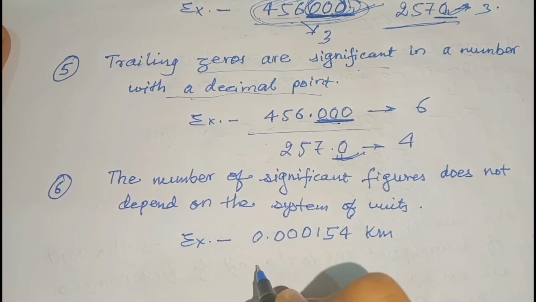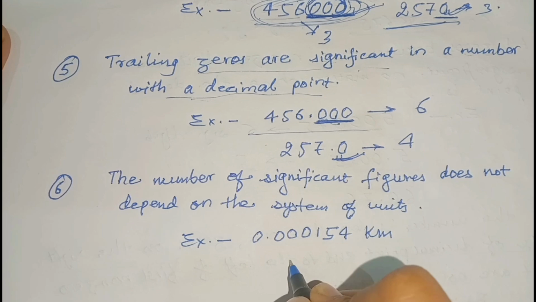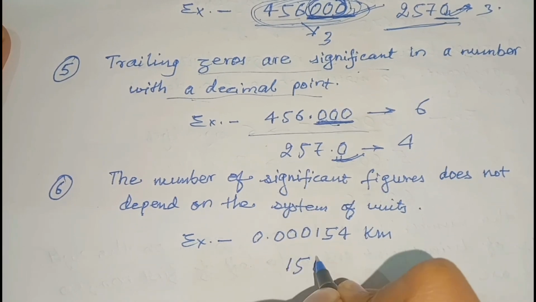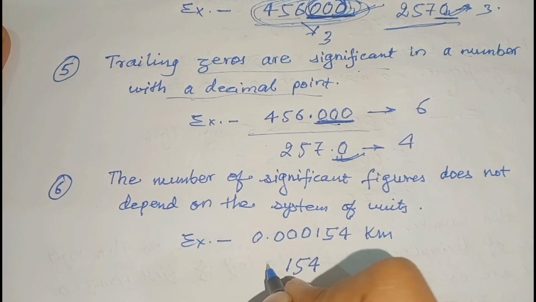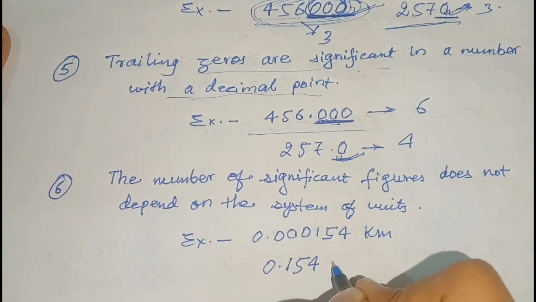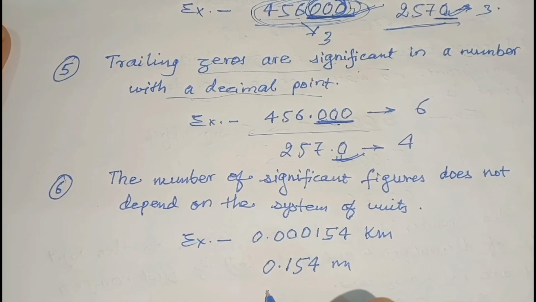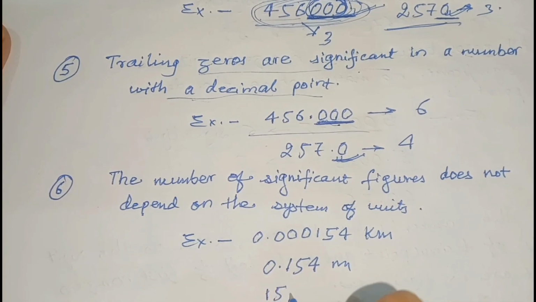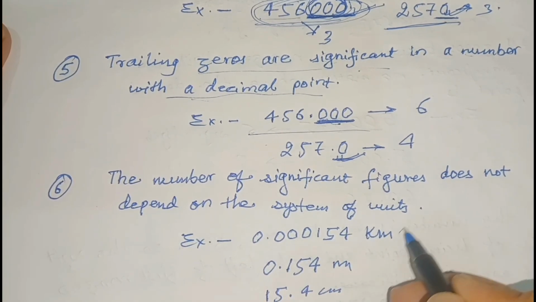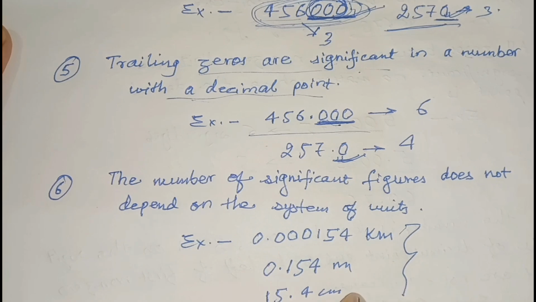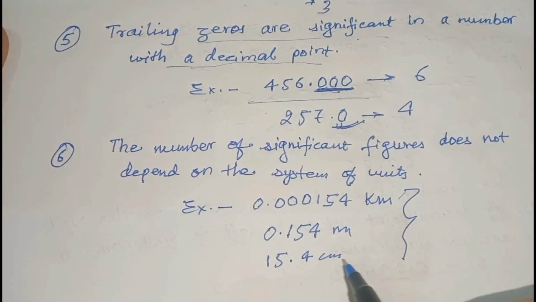We can convert it into meter also: it will be 0.154 meter, and in centimeter it will be 15.4 centimeter. These all three lengths are the same. One is in kilometer, another in meter, and another in centimeter.